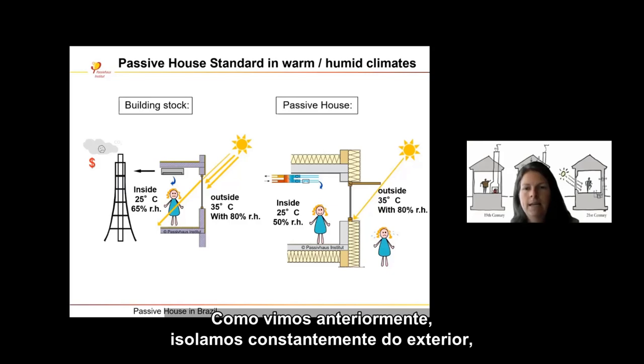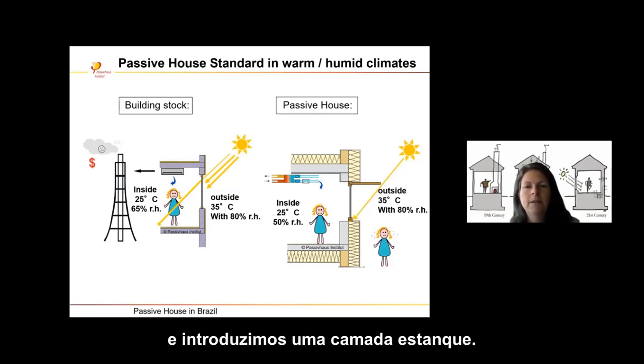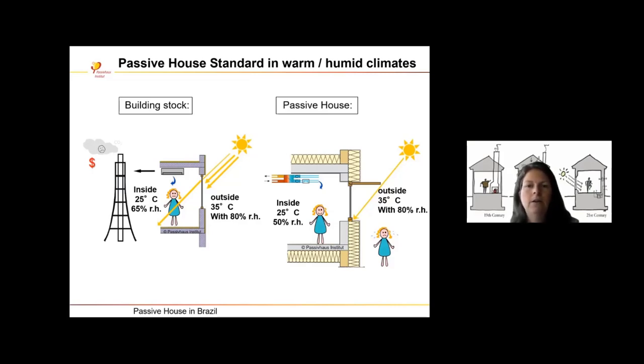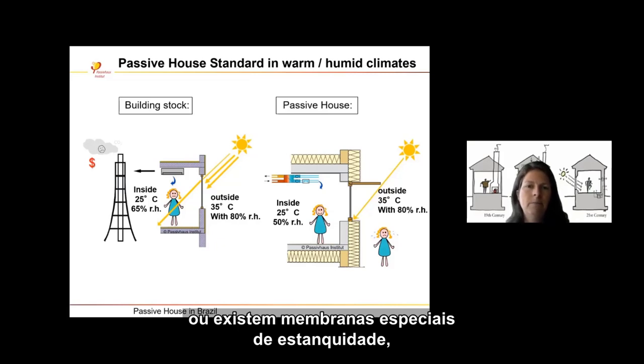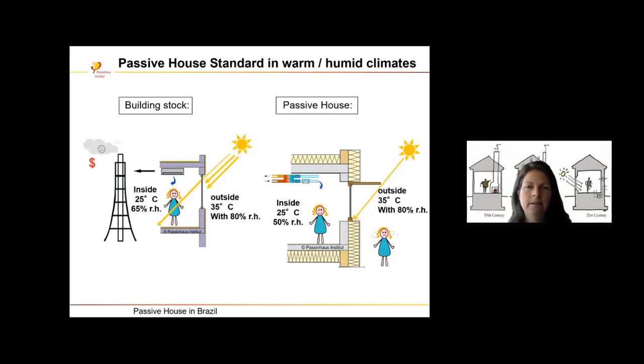We insulate, as we saw before, continuously from the outside with very thick insulation levels, and we introduce an airtight layer. Concrete, for example, is airtight, or there are special airtightness membranes, or even a 3 millimeter thin plaster is airtight.